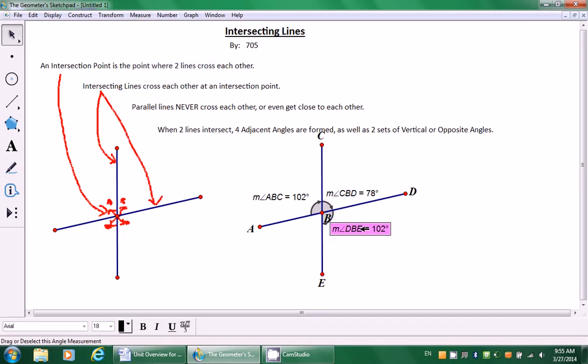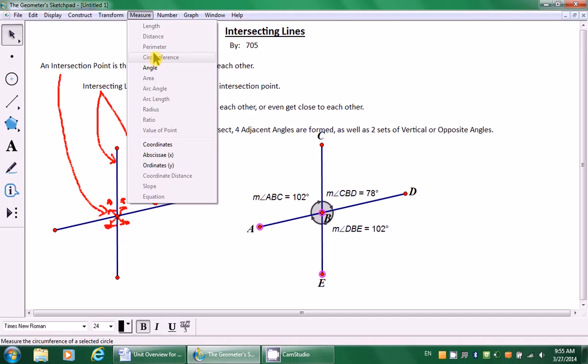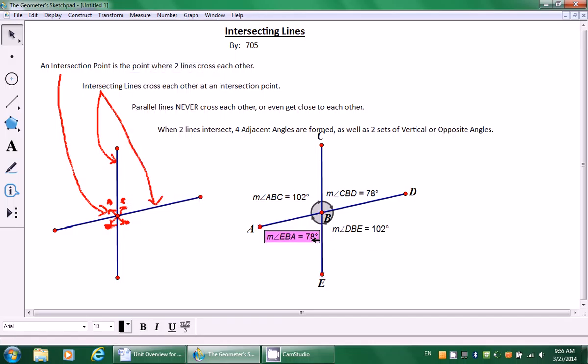Okay, and I should notice that this and this are the same because they are vertical pairs or opposite angles. Now let's measure the last angle that's formed. Endpoint, vertex, endpoint, measure angle. And here we go. And we should notice that this angle here is equivalent or congruent to that angle there. They are the same measurement.